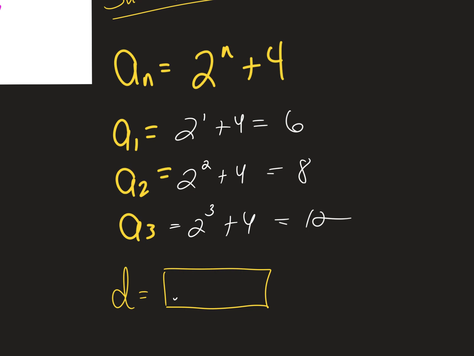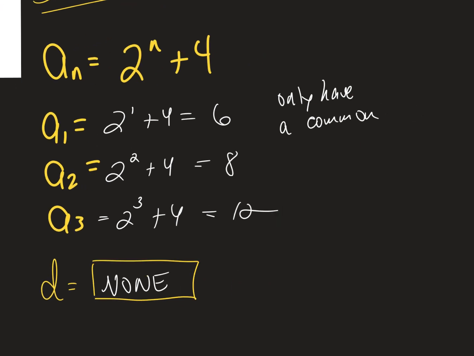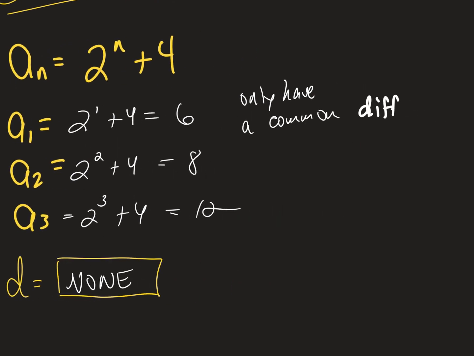There's none. It says in the directions, if it's not arithmetic, to write none for the common difference. I keep getting that question. What am I supposed to write? I'm like, read the directions. You only have a common difference if your sequence is what?